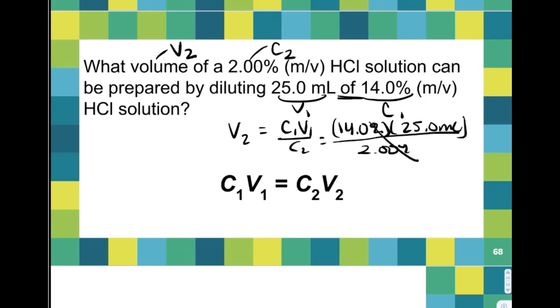Your percents will cancel. You're left with milliliters if that's the unit the question wants, and this one doesn't specify, but in multiple choice you'll be able to tell. So 14 times 25 divided by 2, and you should get a V2 of 175 milliliters.